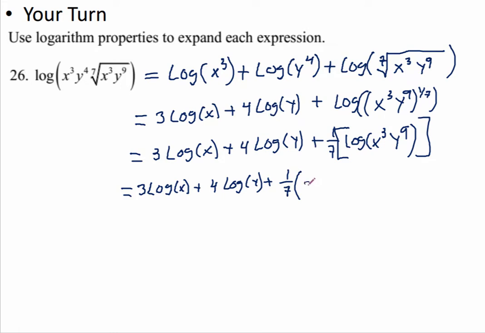Hopefully you can see that this is 3 log of x plus 9 log of y. And if you need to, pause the video for a moment and see where that algebra miracle occurred there, okay? You maybe need to do a couple more steps to see how that happened. Okay, let's distribute the 1/7.